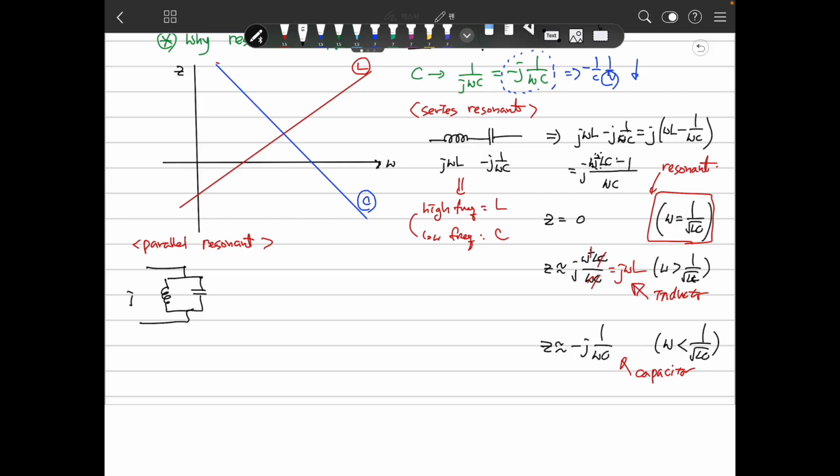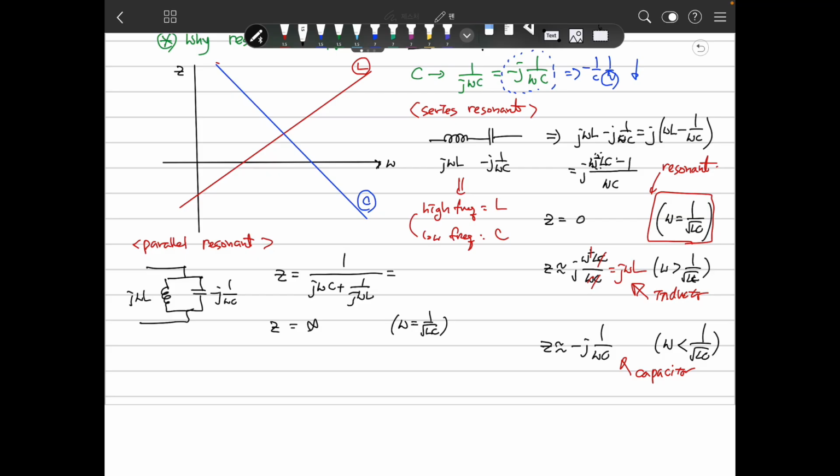In this case, this is j omega L, and this is minus j 1 over omega C. So here the admittance is j omega C plus 1 over j omega L. At the same frequency, omega is 1 over root LC, then the impedance is infinite.